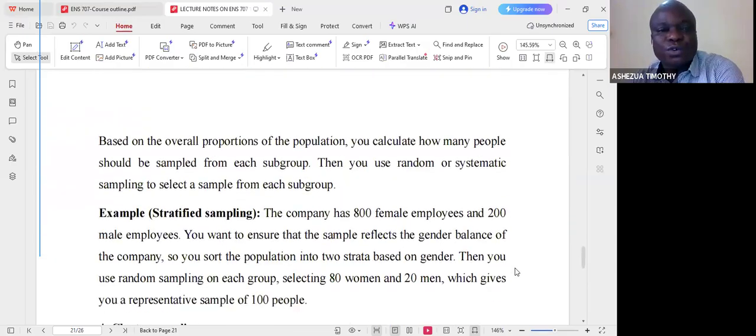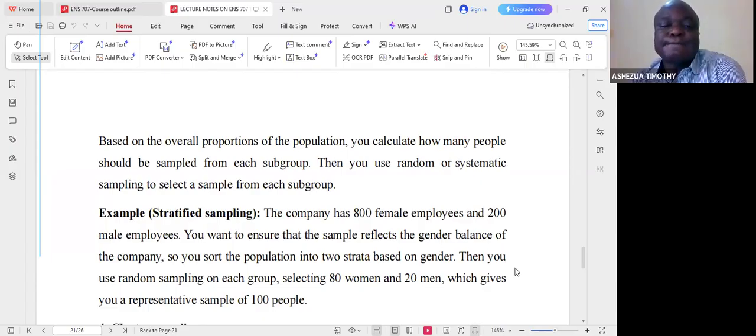Their job role also. Based on the overall proportion of the population, you calculate how many people should be sampled from each subgroup. Then you use random or systematic sampling to select a sample from each subgroup.